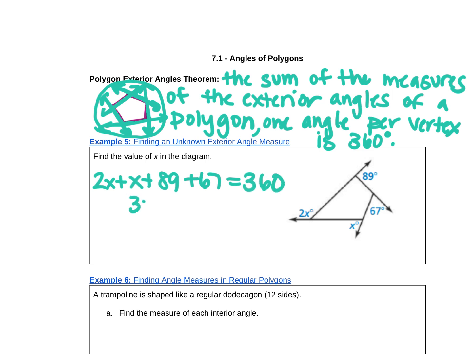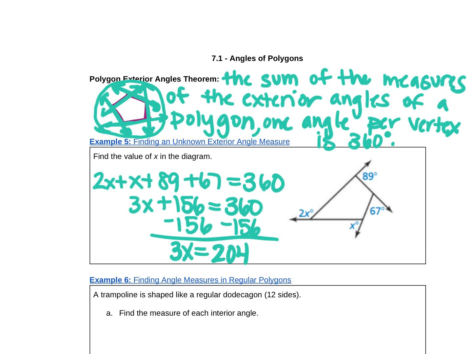Then we're going to combine some like terms, and then solve here, and then divide by 3. So you get 68. And they just want the value of x. So you would say 68. It does not have to be degrees or anything.